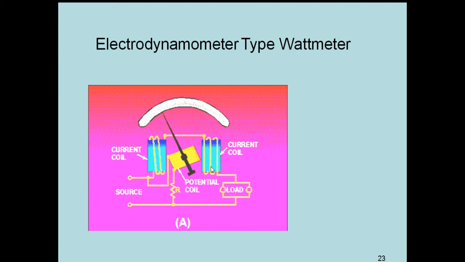These turns will be connected in series with the load, and this current coil carries a current which is proportional to the load current. So with the interaction of fluxes produced by the currents in the current coil and potential coil, the moving coil will deflect. According to the deflection, the pointer will move on the scale and indicate the reading of the dynamometer type wattmeter.